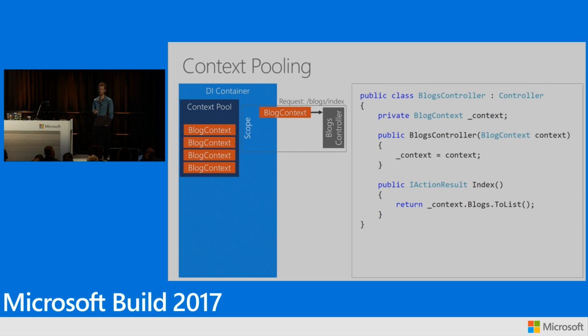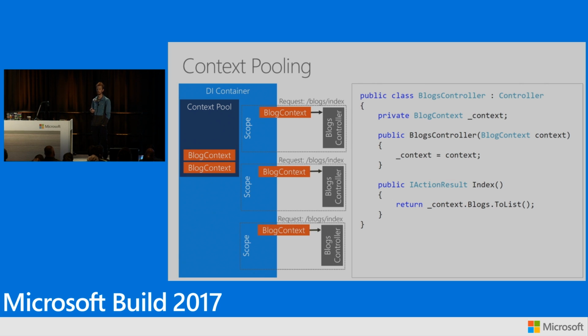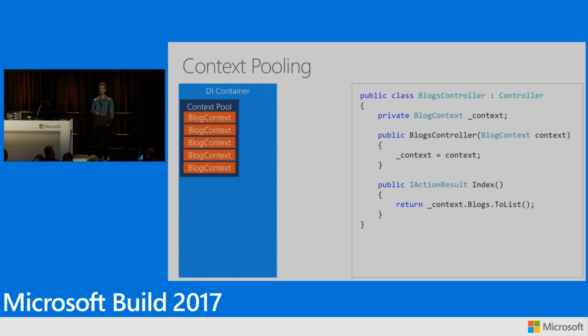One of those contexts is allocated to the controller, and then the same thing happens for subsequent requests. And then at the end, when those requests are finished, the context is cleaned up and returned to the pool. Cleaned up is obviously very important. We don't want the next request to get a context that already has data and state in it. So we tear out the things that we need to, but we leave all of those objects allocated in memory.